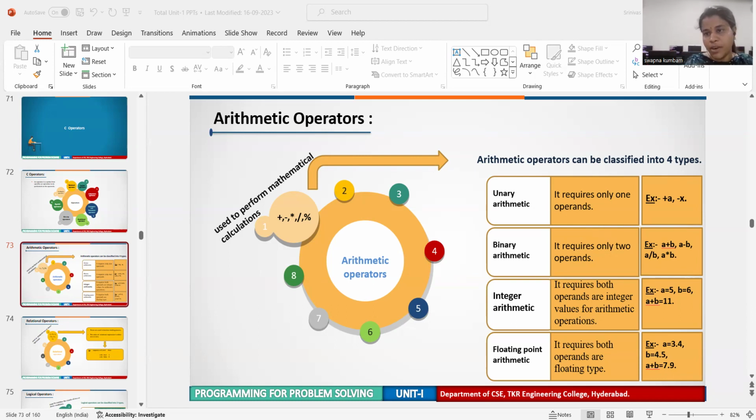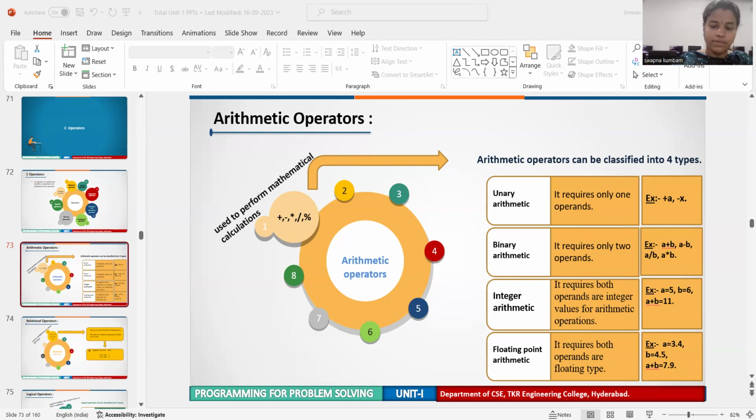And how many types of arithmetic operators do we have? It is categorized into 4 types. So what are those 4 types? One is unary. Next one is binary.